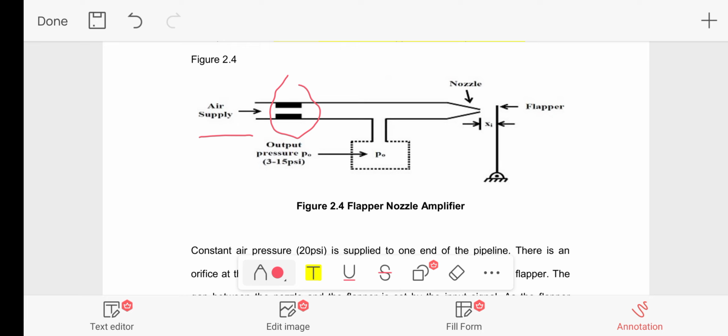After that it reaches the nozzle, and the flapper and nozzle distance depends on the output pressure, 3 to 15 psi.